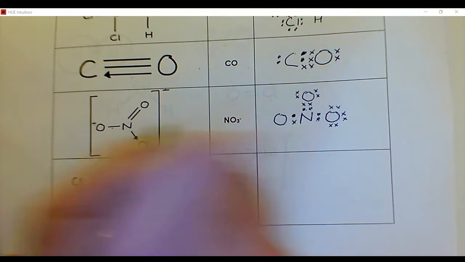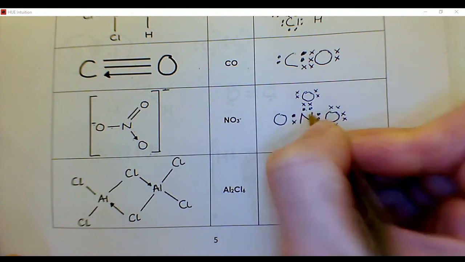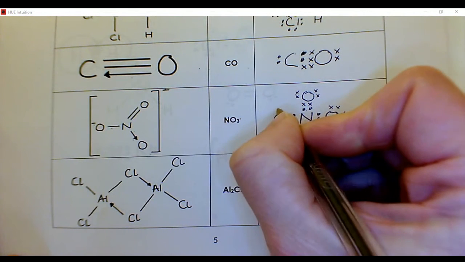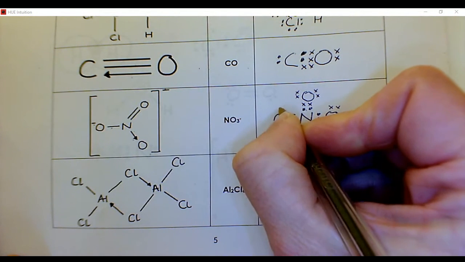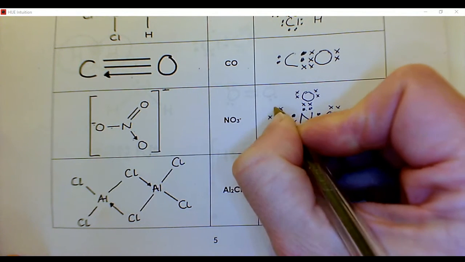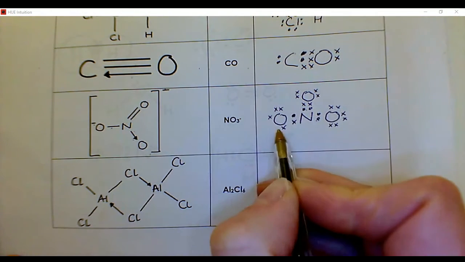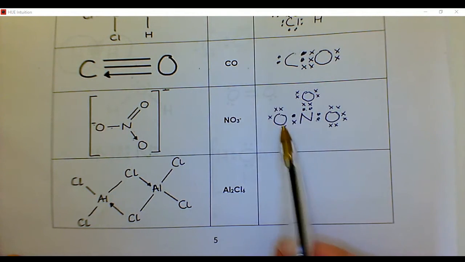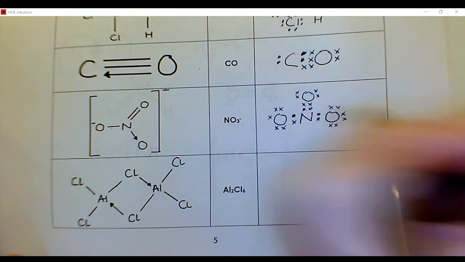And now we've got electrons left on oxygen, 1, 2, 3, 4, 5. So it has one lone pair. I've missed something. Oh, 6, sorry, it has 6.